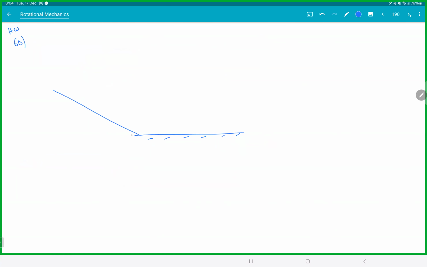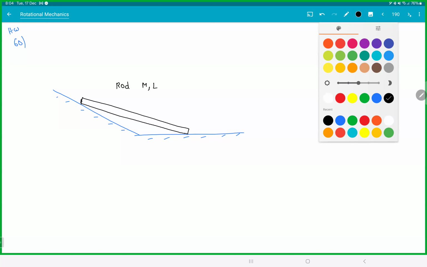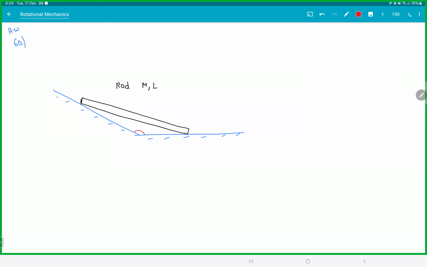We have an incline like this. We have a rod like this, mass and length L. This angle is 120 degrees. This angle is 30 degrees.